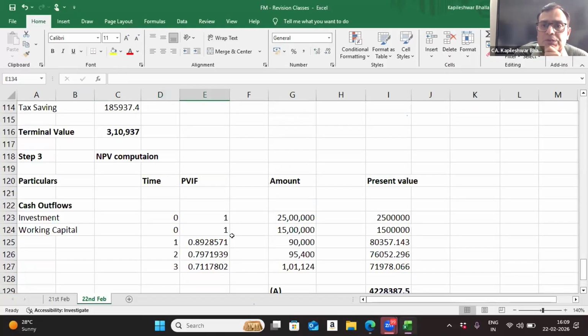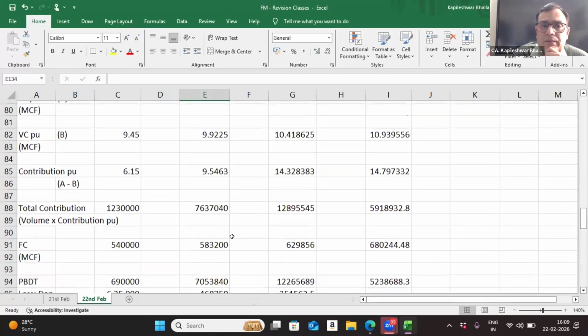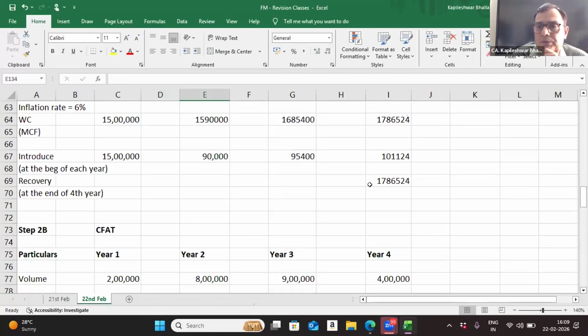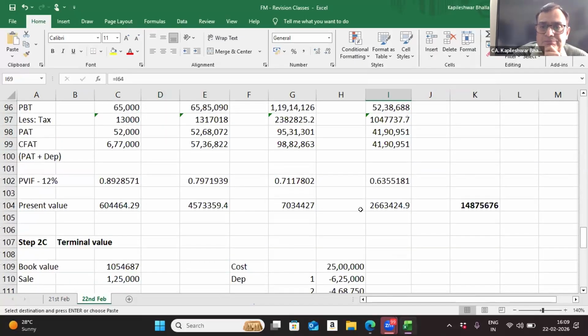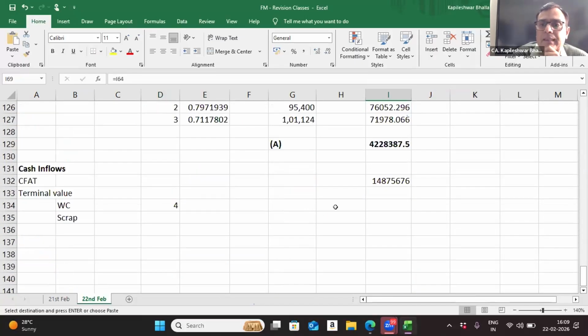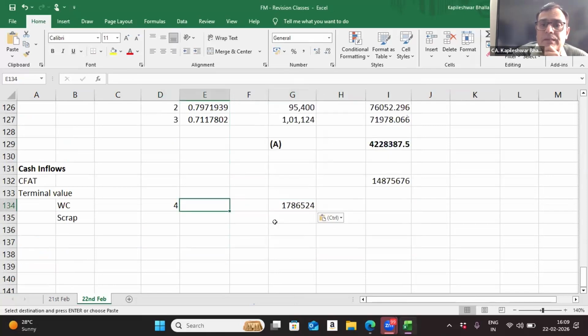Let's see what was the figure. Working capital recovery, we had computed, it was this figure. Let's copy this. We put this out here, and this is in the 4th year.